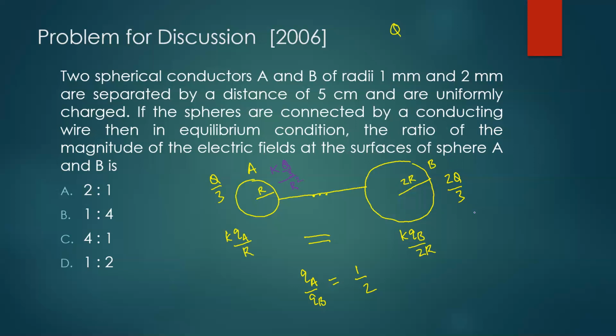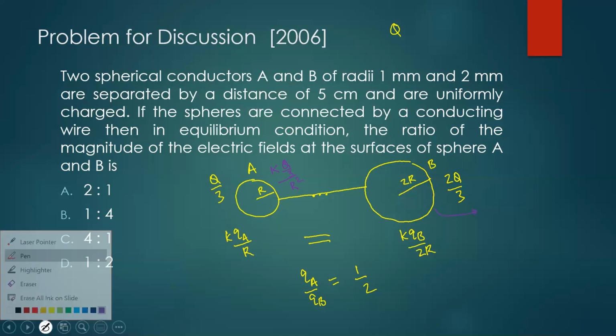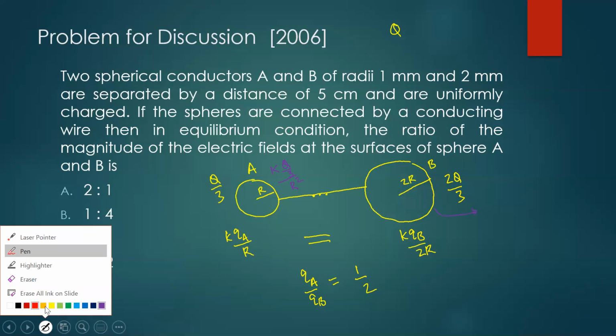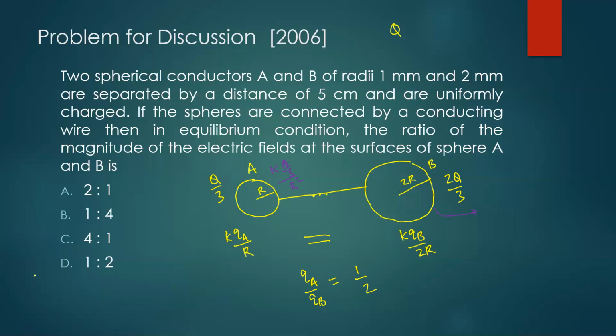And on B it will be K 2Q by 3 and then 2R whole square. KQ by 3 is common, so I get 1 by 2R square here. That's the electric field here.